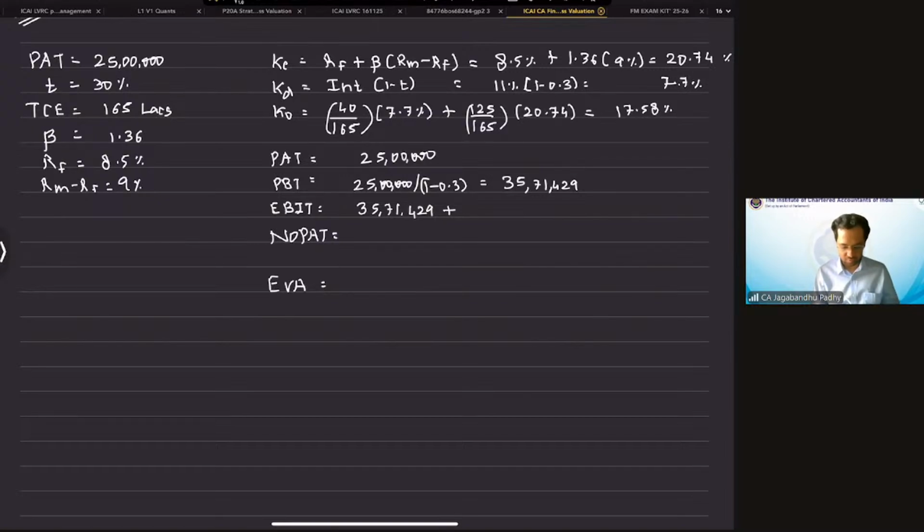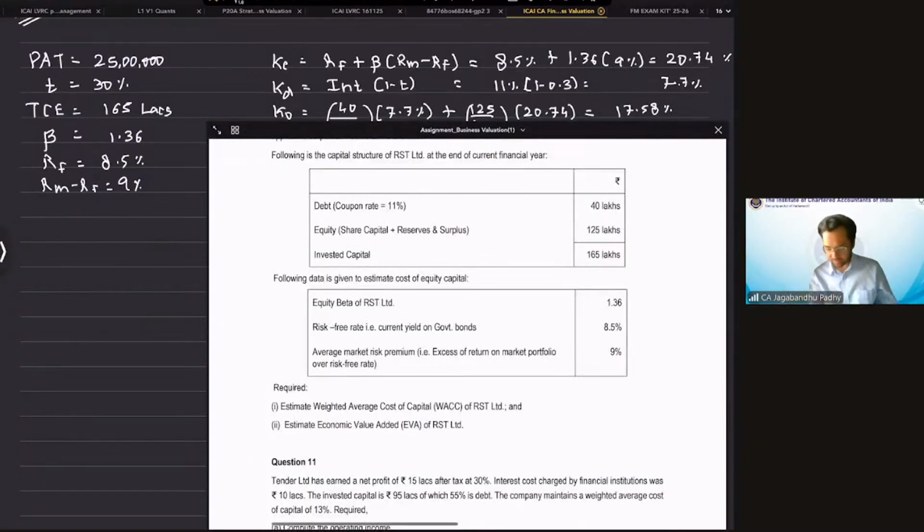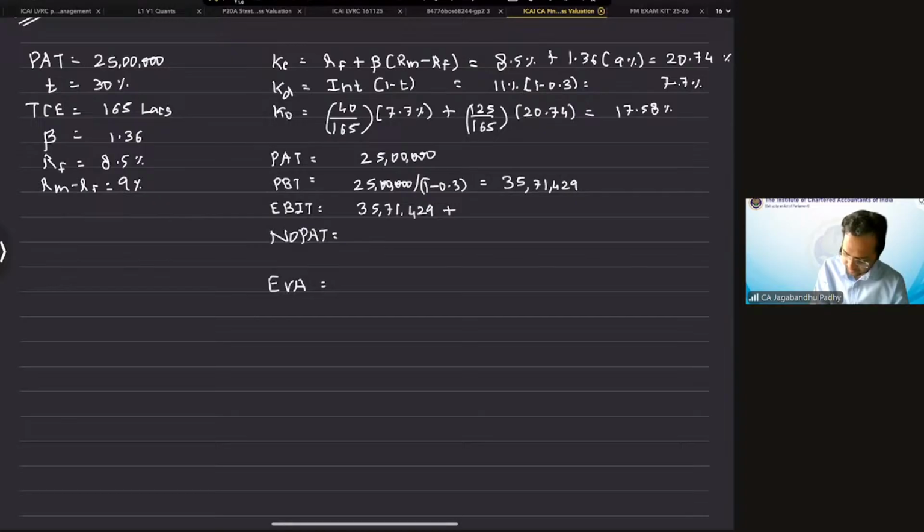Then EBIT will be 35,71,429, and to that we just add the interest component. Interest will be 11% of 40 lakhs, which is 4,40,000. So 35,71,429 plus 4,40,000 is 40,11,429.